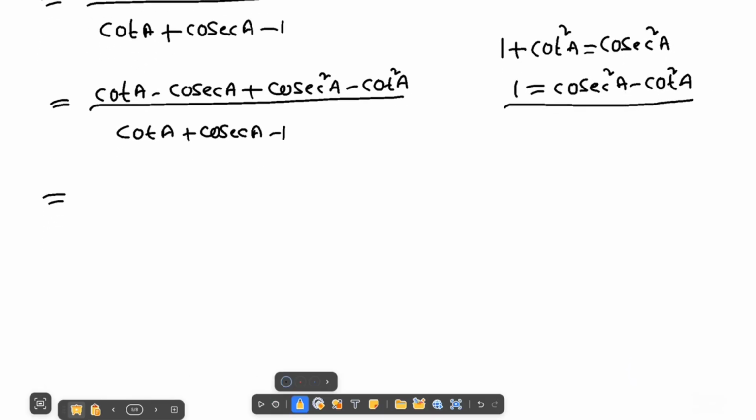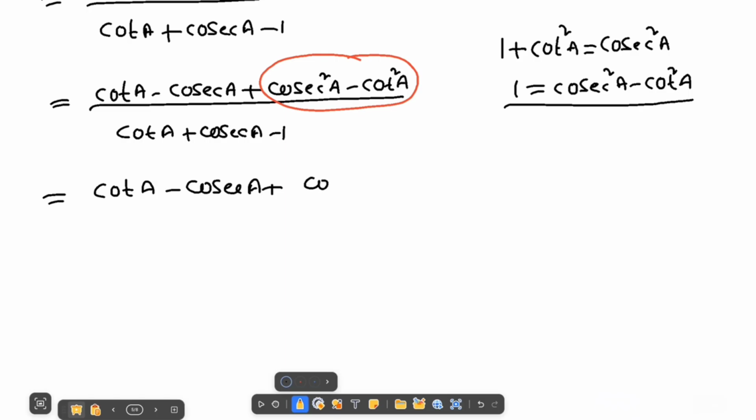Now it is equal to cot A minus cosec A plus, now this is in the form of a square minus b square, so that can be written as (a plus b) into (a minus b).